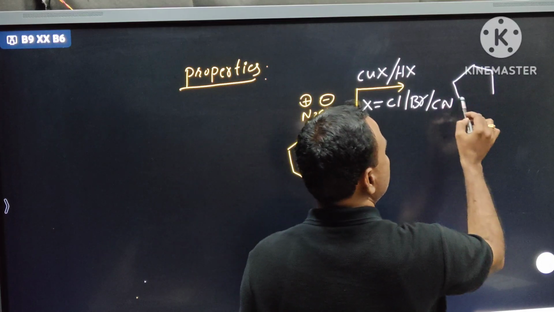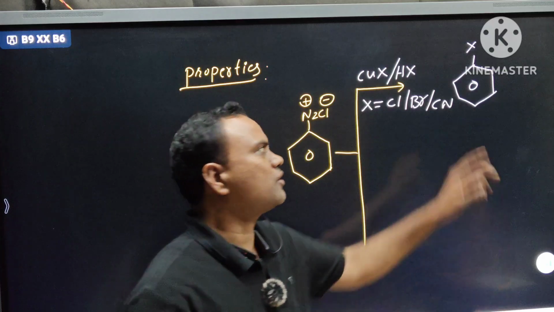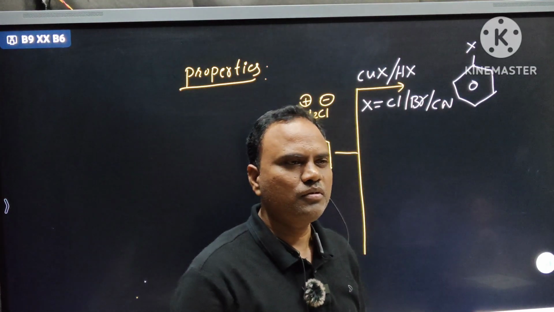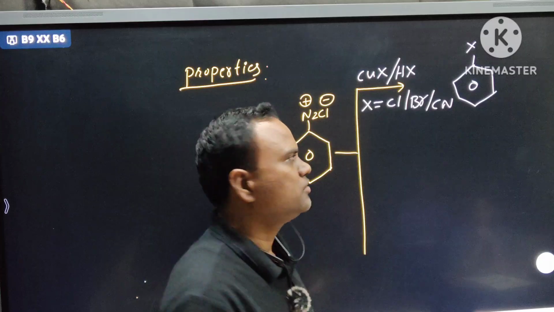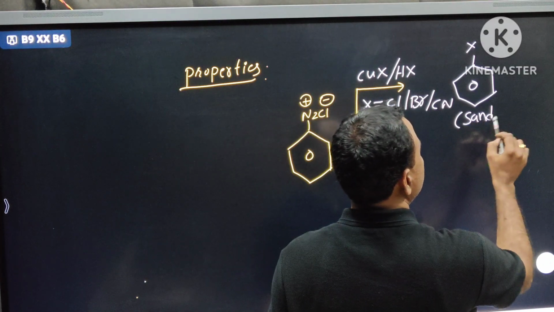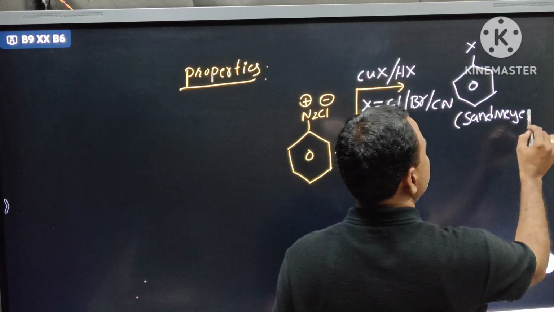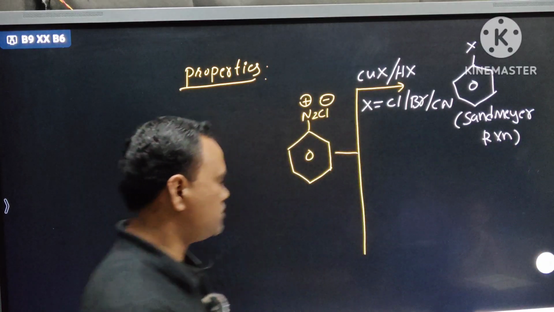What is the product? First chapter, aryl halides preparation. You will get chlorobenzene or bromobenzene. Okay? Right. What is the name of this reaction? Sandmeyer reaction. A repeated reaction.